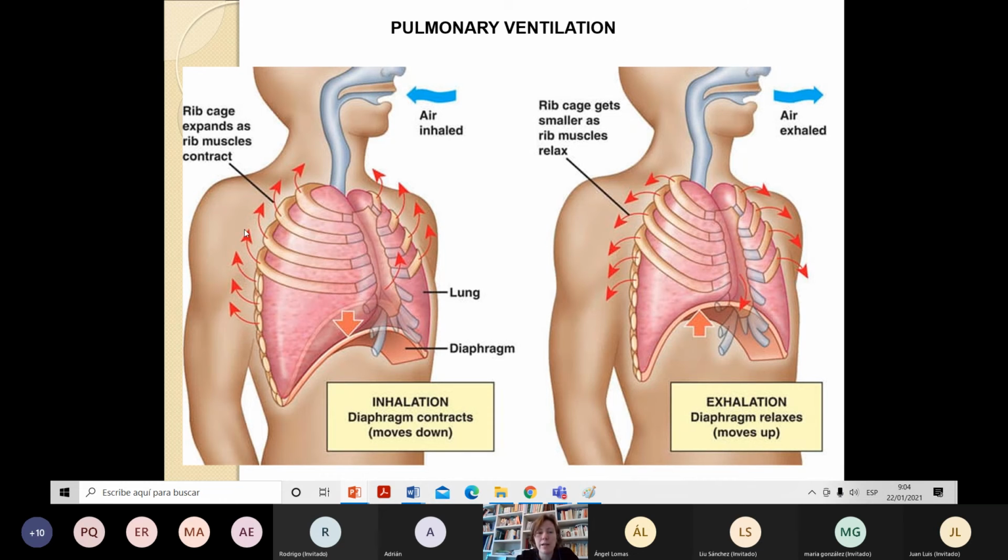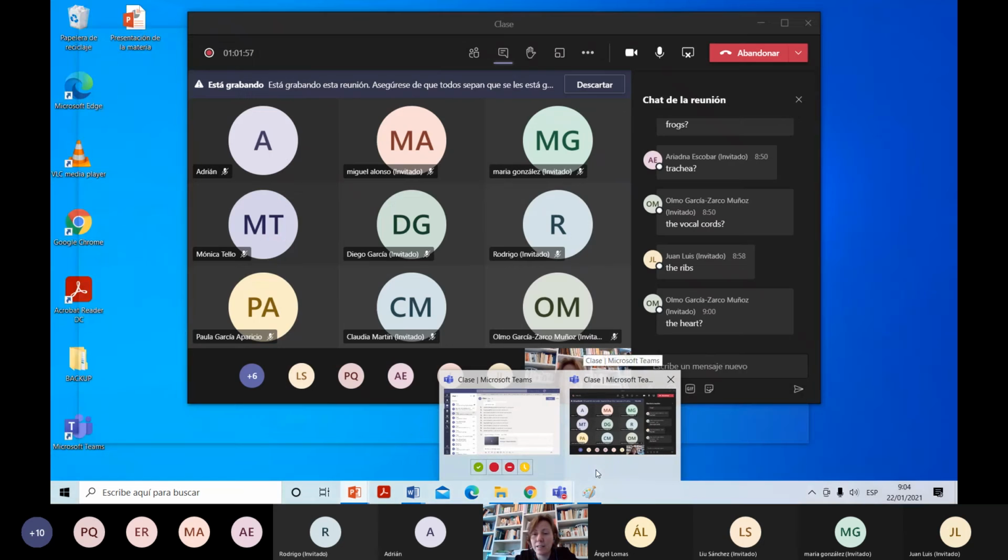These red arrows could be a little bit confusing, but do not think that it is air that is moving. It's just that the muscles make my ribs get bigger, and when they relax, they're going to make my rib cage smaller. That's the process of exhalation. I've got to give you some advice here.